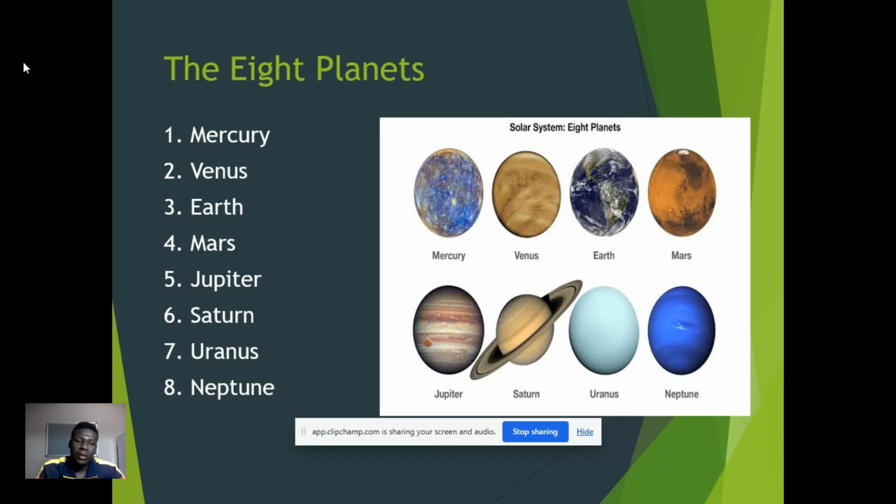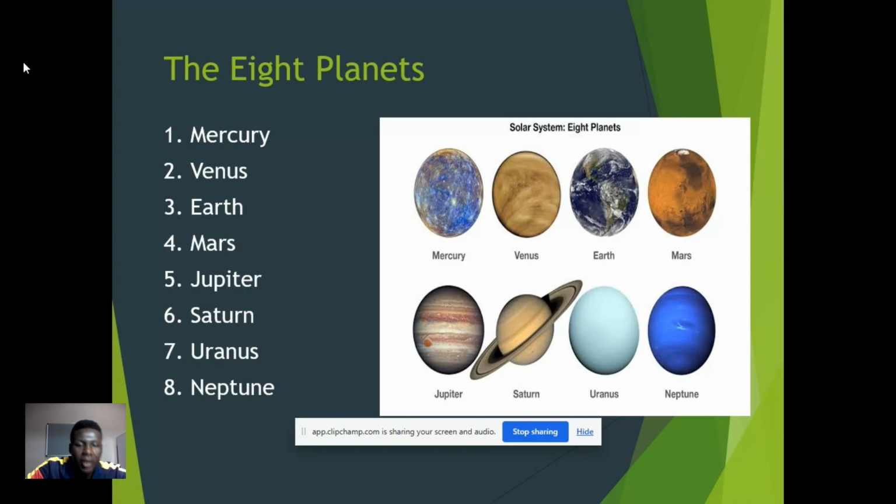Then the fifth planet from the sun is Jupiter, and Jupiter is the biggest planet in our solar system.